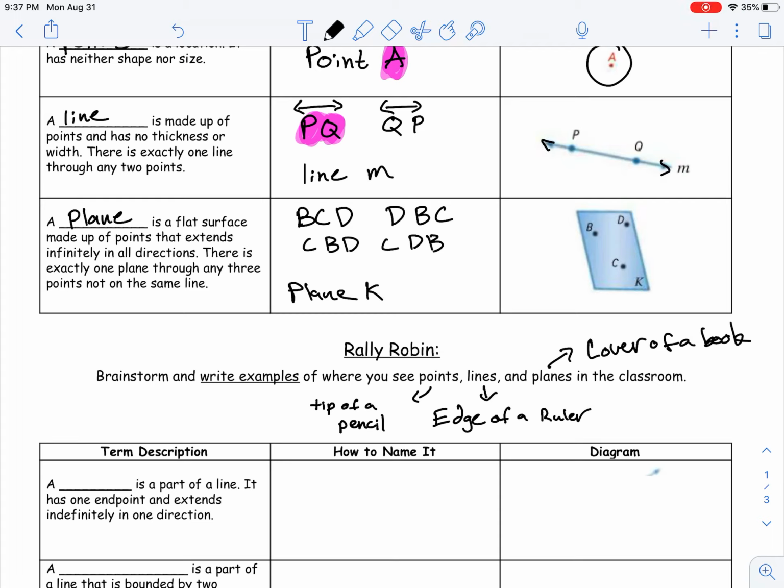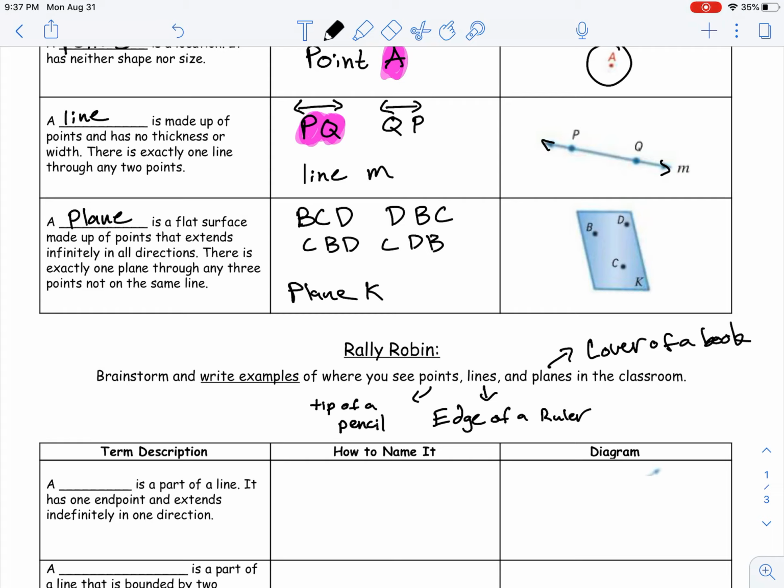Now, when I say line, like if I'm drawing a line, you can't actually draw a line. It's not possible to draw a line because you can't go on in both directions forever, infinitely, unless you're drawing the arrows on the ends. Same thing for a plane. It doesn't really look like we have arrows on this plane right here. This is a plane. The best way I can describe it is like a sheet of paper.